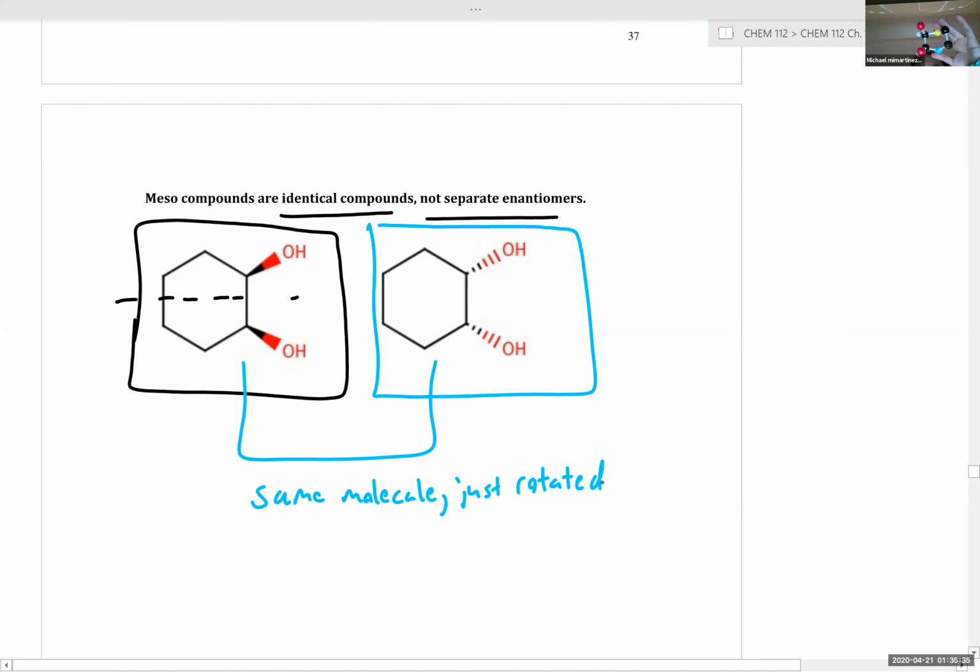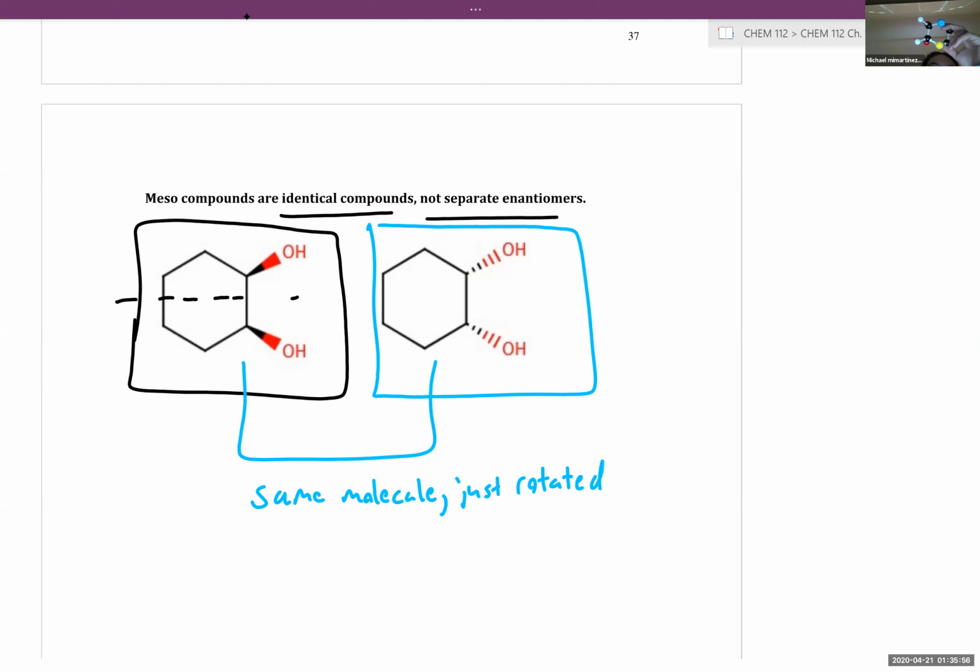Does that make sense to everyone? Does everyone see how, because there's a plane of symmetry, we can invert our molecule, and if the plane of symmetry is preserved after inversion, then we have the identical molecule. Okay, so meso compounds are identical compounds.